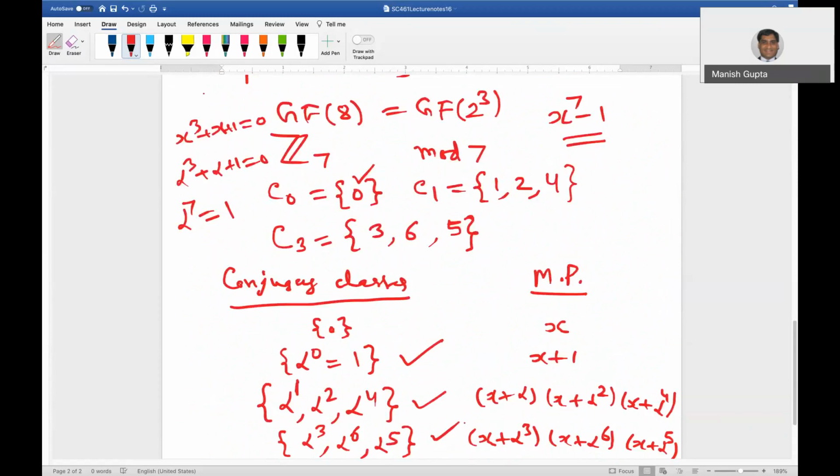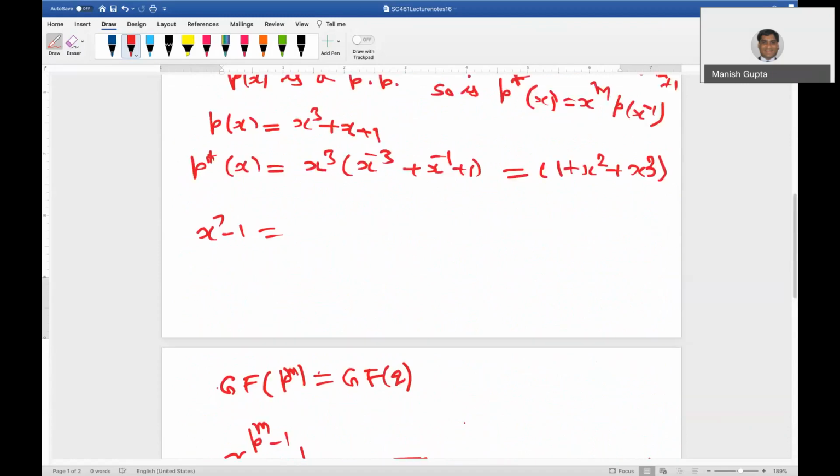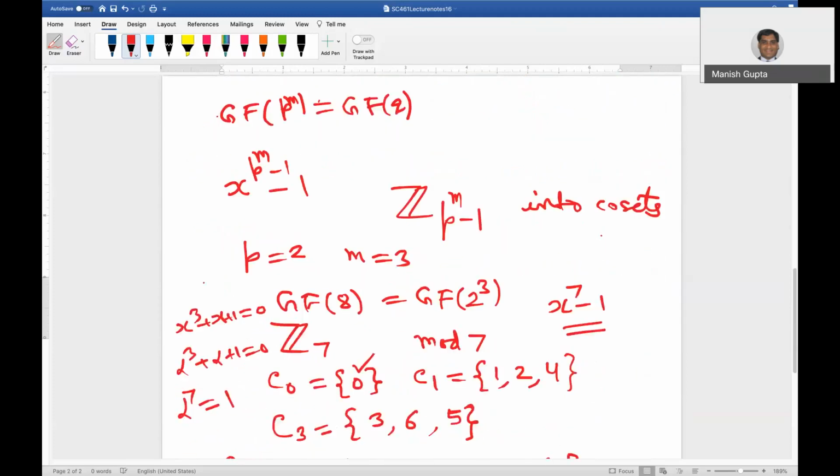So here we have x plus 1, then x cube plus x plus 1, and x cube plus x square plus 1. This is the factorization of x raised to 7 minus 1.